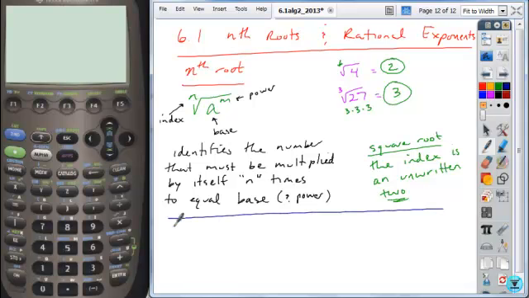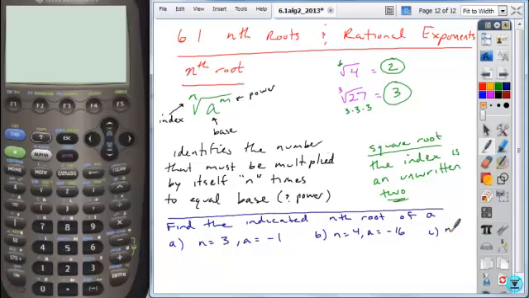Here's one way that they'll direct you: find the indicated nth root of A, and they'll give you several to choose from. So just take a moment and see if you can answer these 3 questions.